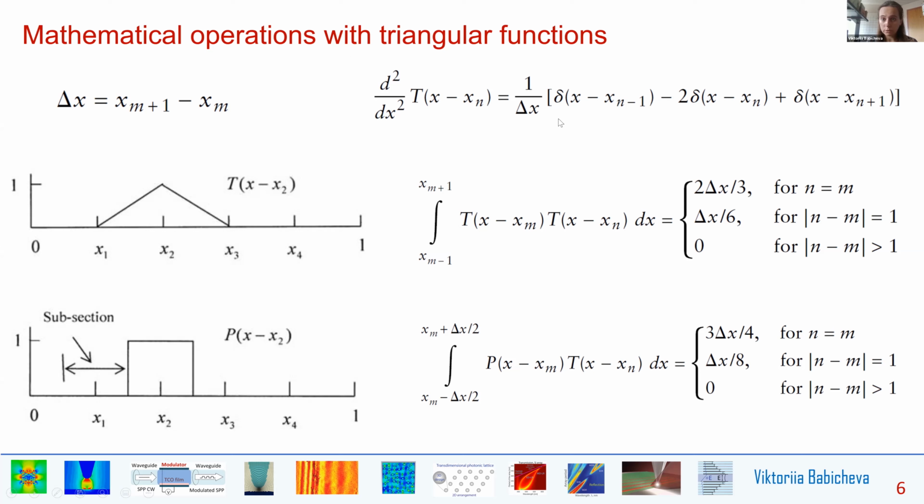This will be an expression defined through delta functions. We can integrate the product of these two functions over several subdomains. Then again, we know the expression, and we also can integrate the step function and triangular function over a region, so we can have an expression for this as well.